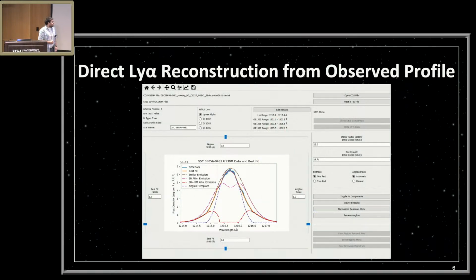A good portion of my dissertation work involved developing a tool in Python called SubtractAirglow that will simultaneously fit the airglow profiles on COS G130M spectra, as well as reconstruct stellar Lyman alpha profiles, but for main sequence FGKM dwarfs, not their T-Tauri equivalents. While this tool cannot be used on the T-Tauri star Lyman alpha profiles, the model components themselves can be adapted to work in that different parameter space. And that's what we have done.